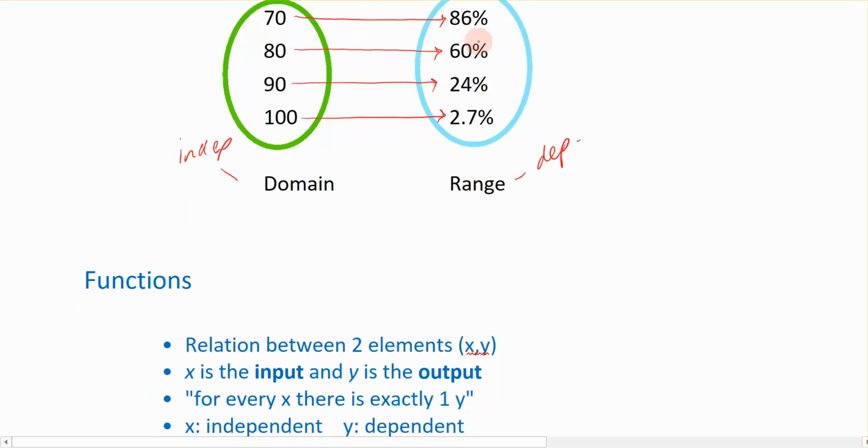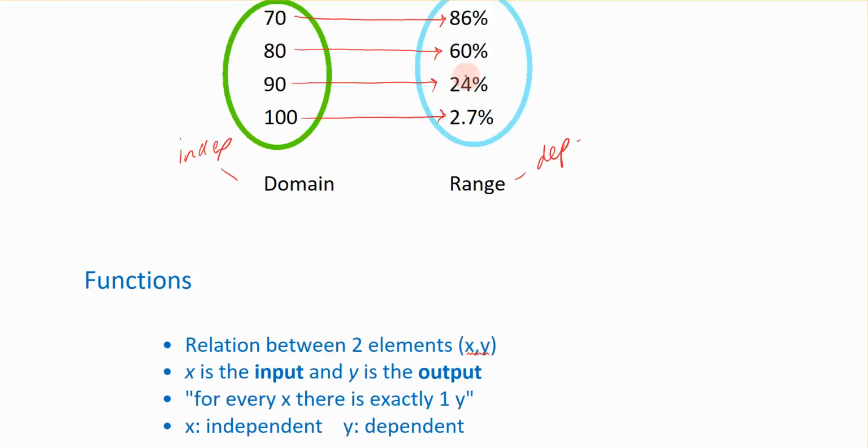We also say that for a function, for every x, there is exactly one y. So if I put in an age of 90, then I can expect a survival rate of 24%. That is the definition of a function, and we'll look at that a little bit further in a second.